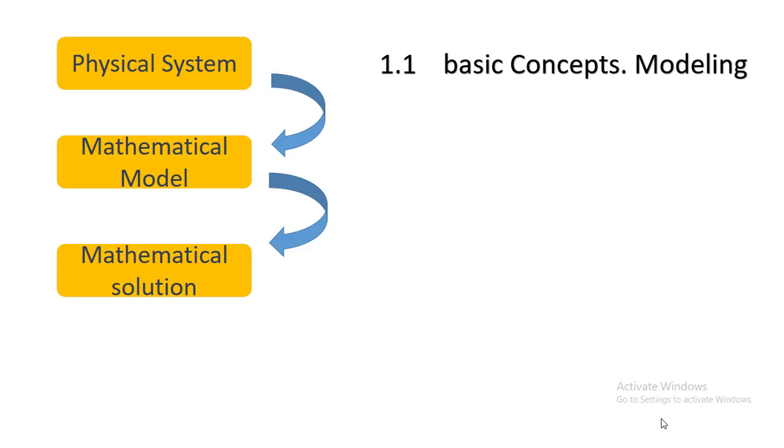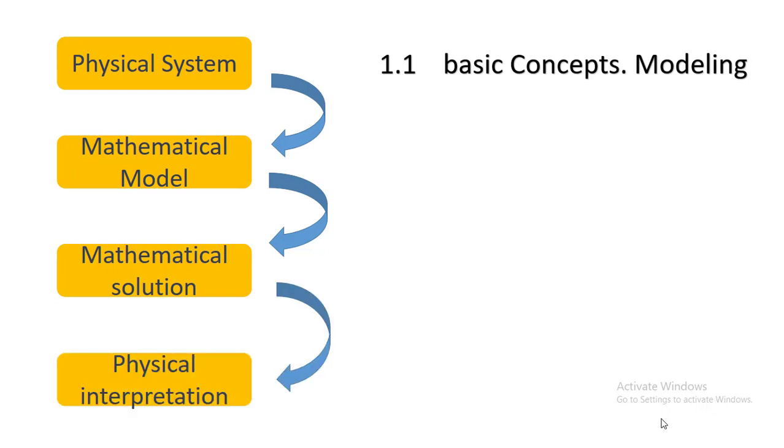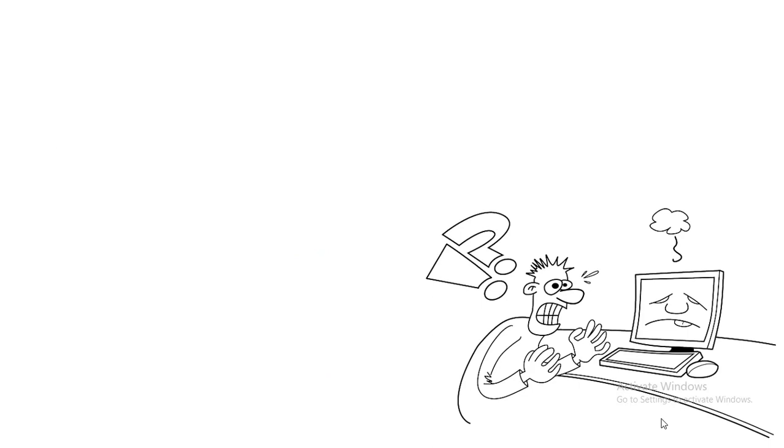The process of setting up a model, solving it mathematically, and interpreting the model and the result in physical or other terms is called mathematical modeling, or briefly modeling. Modeling needs experience, which you shall gain by discussing various examples and problems.